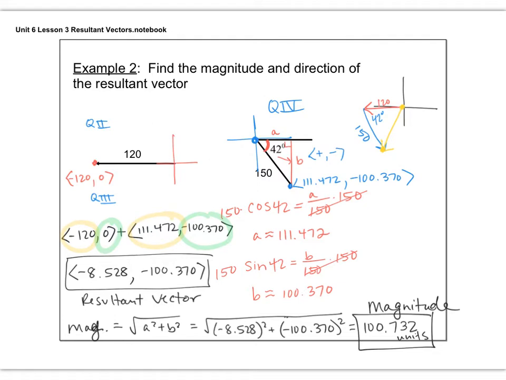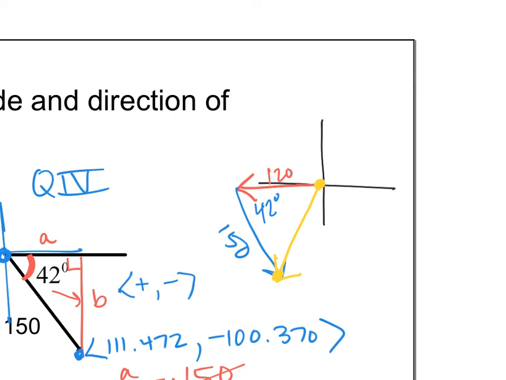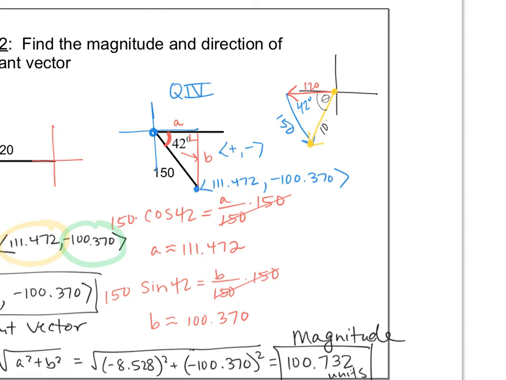Next, we have to find the direction. So think about where this is headed. If you go back to my original drawing up at the top, maybe I can enlarge it here a little bit, we want to figure out what theta is right there. What direction is it going? We just figured out magnitude. We know how long it is, 100.732, but we have to figure out its direction.